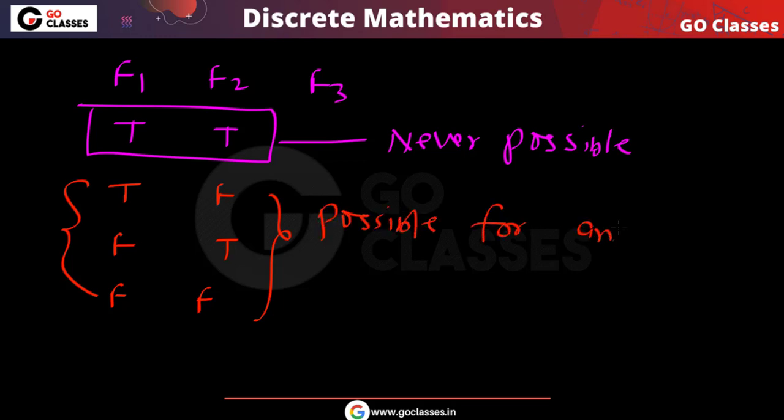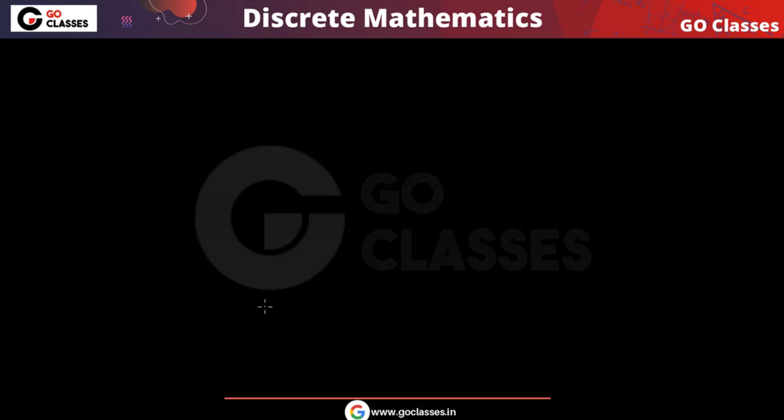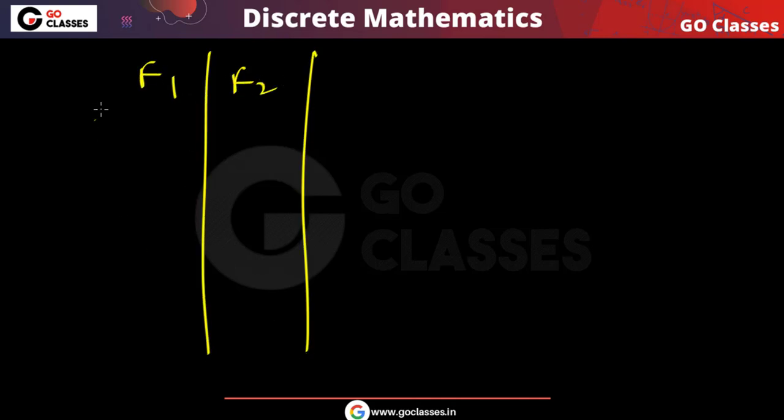For any row of the truth table, this is possible, this is possible, but this is not possible. So finally, f1 f2 can never be true.